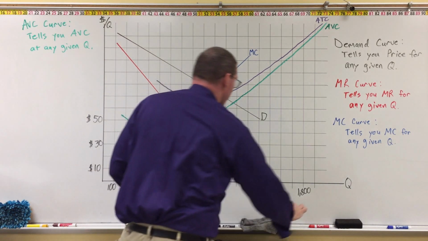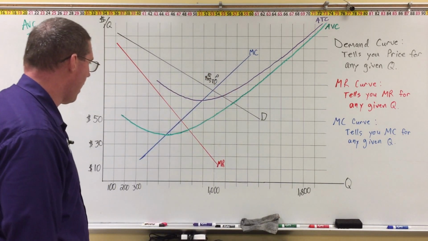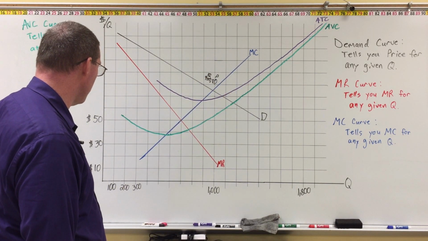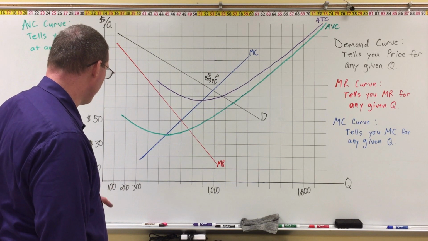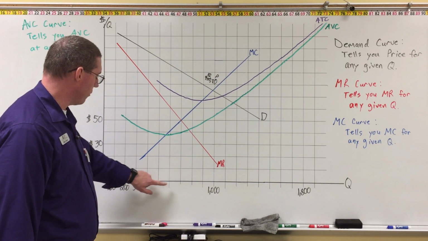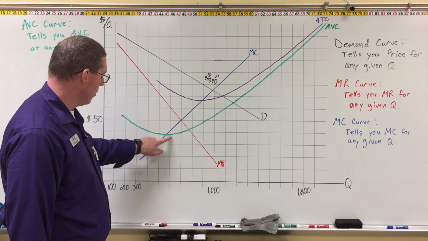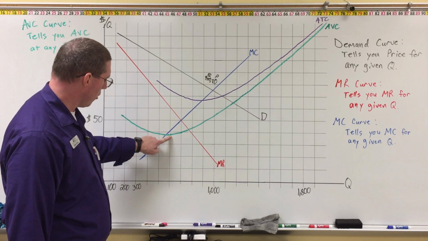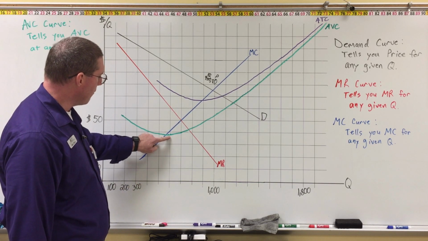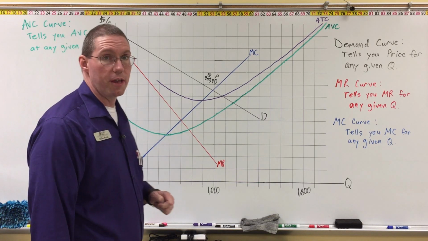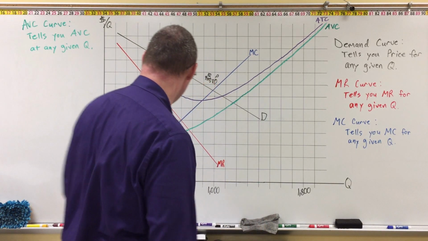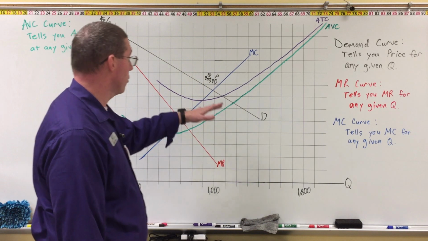And so what's the average variable cost at a quantity of, let's say, 600? So 100, 200, 300, 400, 500, 600. So if we go up here, there's the average variable cost curve. So 10, 20, 30. Average variable cost is about 37 or 38 at a quantity of 600. Okay, so that's all that curve tells you.